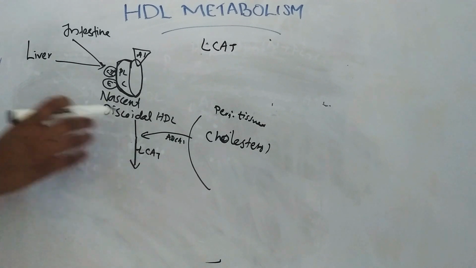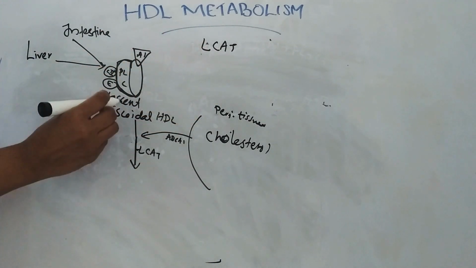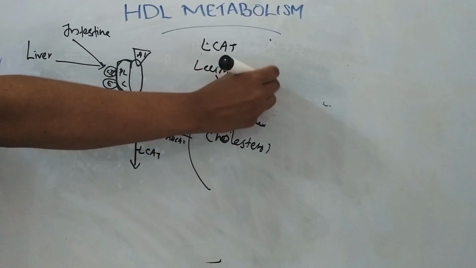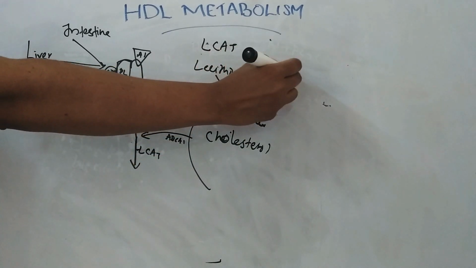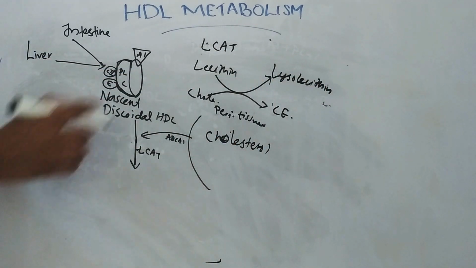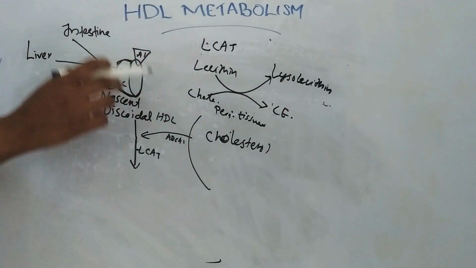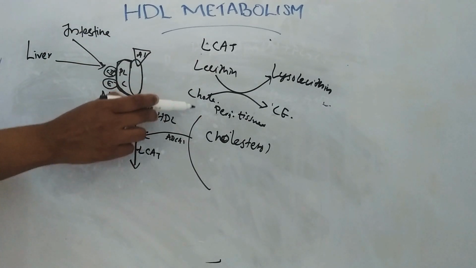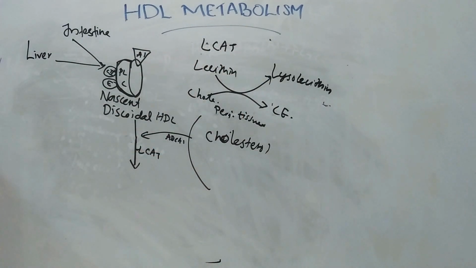The main function of LCAT is that it transfers an acyl group from the HDL phospholipid, that is lecithin, to free cholesterol, and it forms lysolecithin and cholesterol esters.